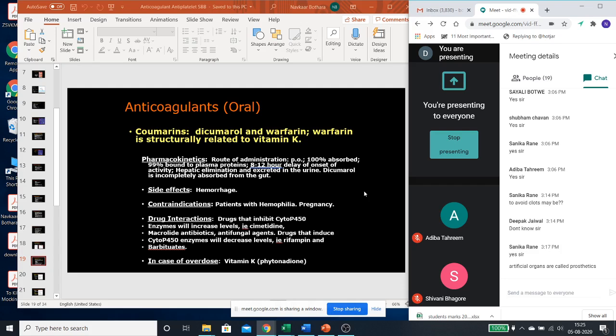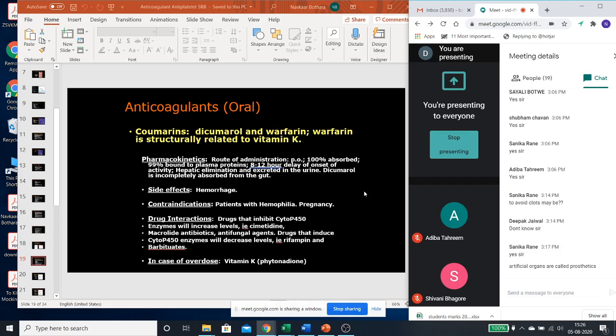Then apart from that, it has many food interactions also. There are many food items, for example cabbage. When you go for making your final notes, you will find that there are many fruits or vegetables which are highly rich in vitamin K. If they are rich in vitamin K, then your inhibition of vitamin K synthesis through warfarin does not make much sense, because with that food the vitamin K is still available and the impact is not observed.